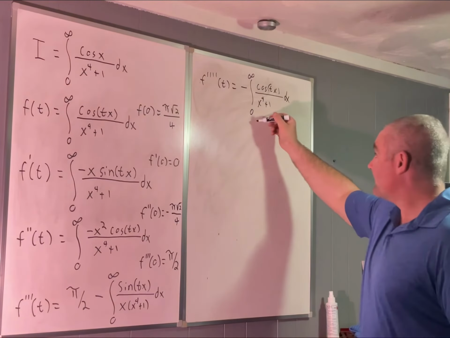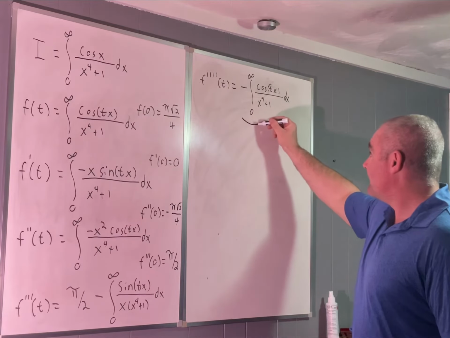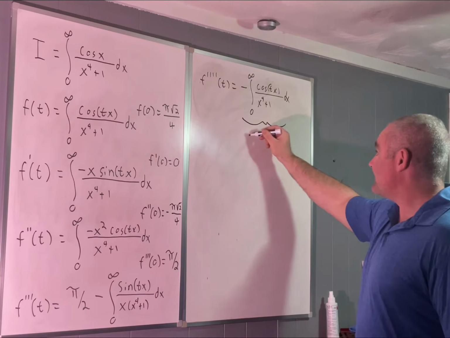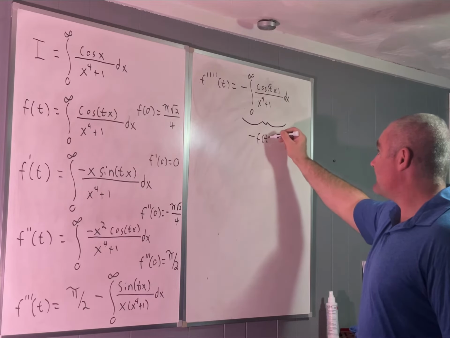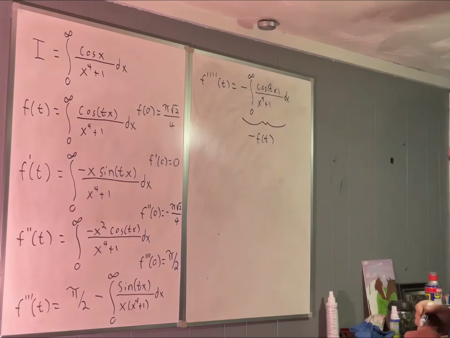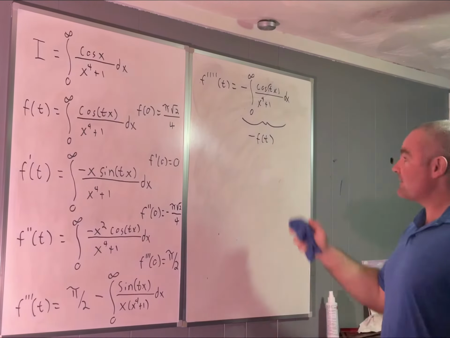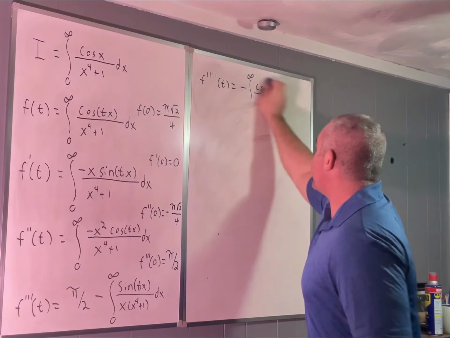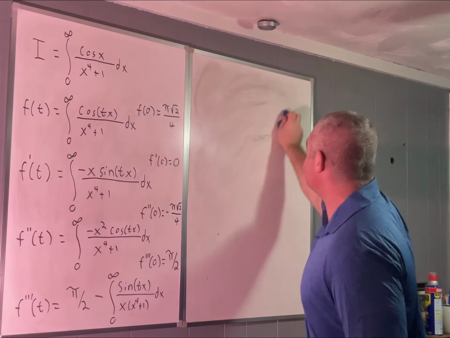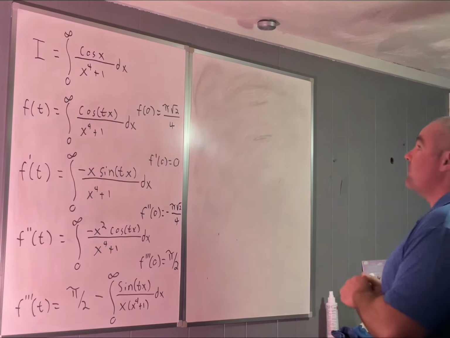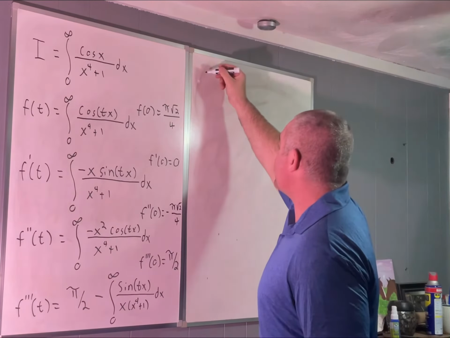But this right here is negative f of t. So I'm going to erase this and just write down what we just found out. Now we have this differential equation.